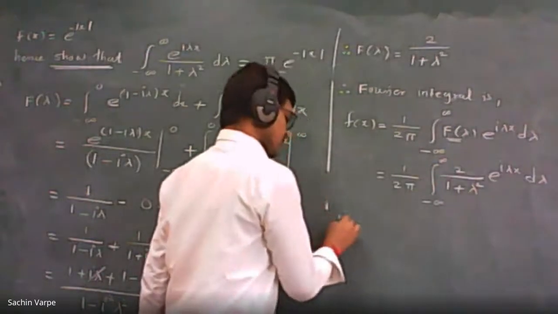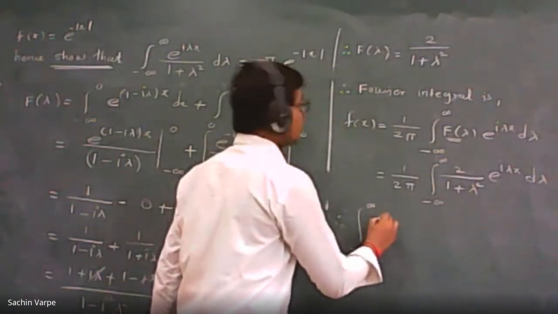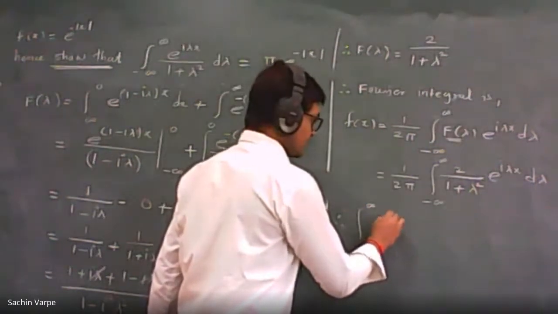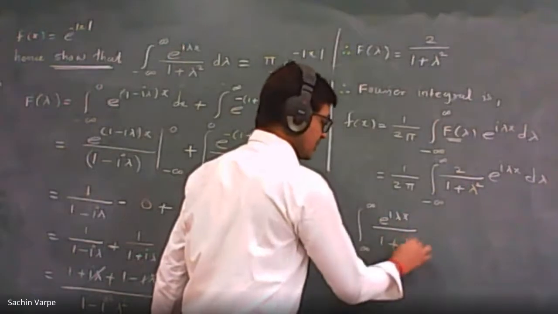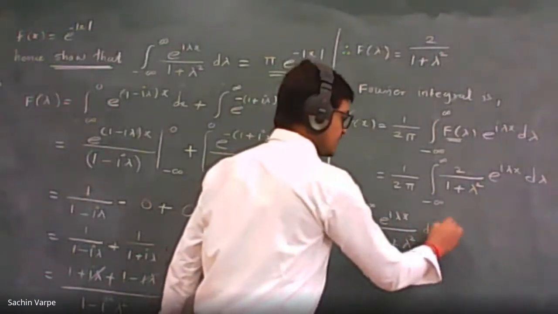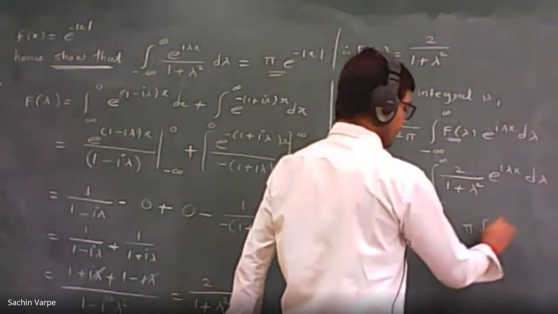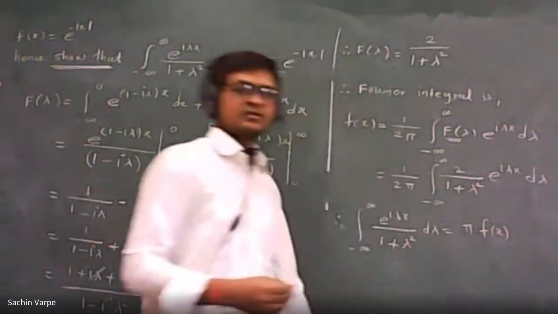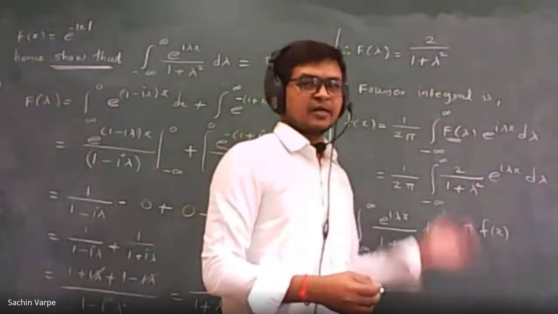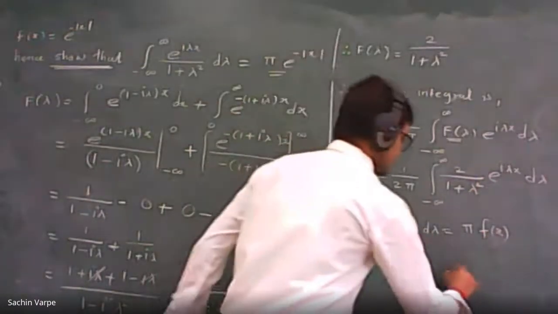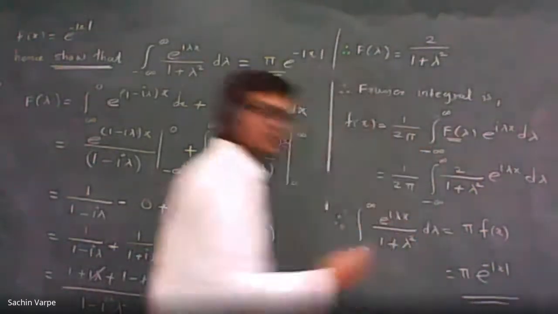Therefore, integral from minus infinity to infinity e to the power i lambda x upon 1 plus lambda square d lambda is equal to what? Pi into f of x. And what is f of x? That is given, f of x is e raised to minus of mod x. So pi into e raised to minus of mod x, and that is what we were asked to show.